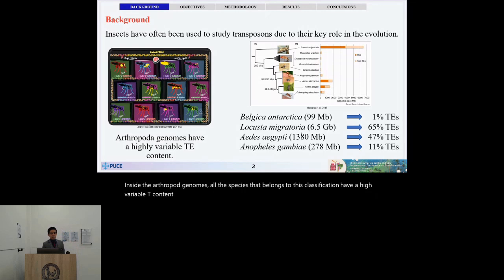For example, Belgica antarctica has a genome size of 99 megabases and a lower TE content compared to, for example, Locusta migratoria, which has the largest genome size among all the insect species, showing a percentage of TE content of nearly 65%.